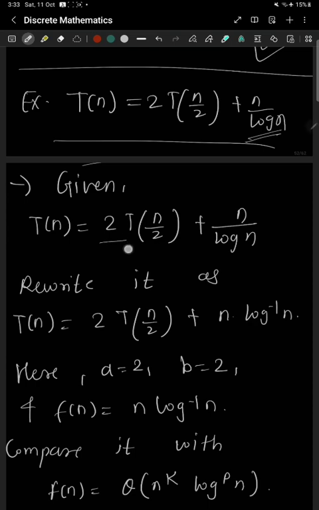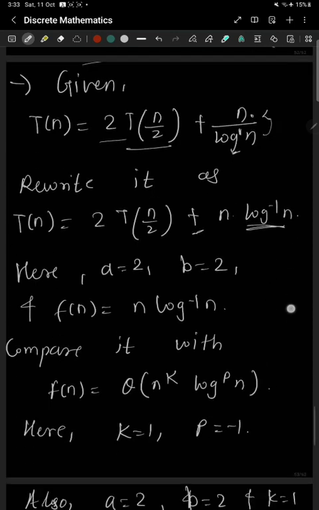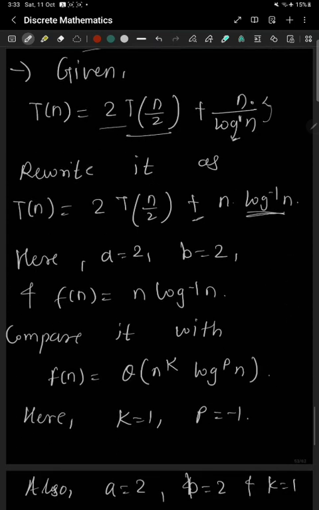So here 2 into T of n by 2 plus n, multiplied by log n, but here the power of log is 1, so it comes as minus 1. So we have rewritten this example in this way. Now, comparing it to the standard equation, this is our a, this is our b, and this is our f of n.